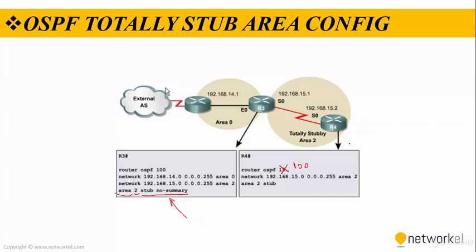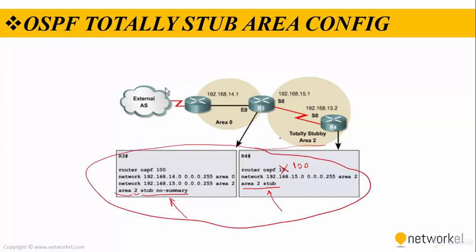But on router 4, we are typing again area, the area number, and just stub. And these configurations make area 2 a totally stubby area, and we block the type 3, 4 and 5 LSAs in this area.